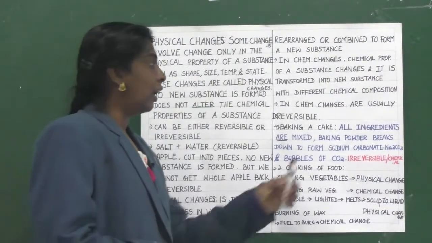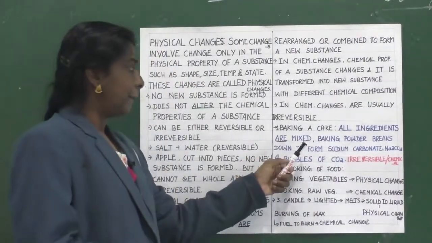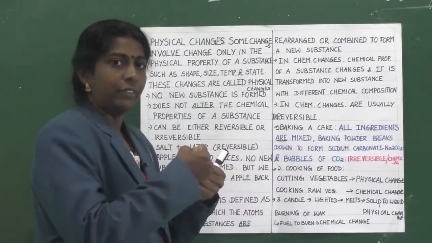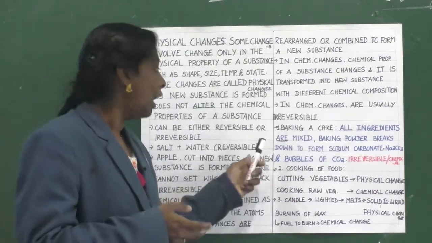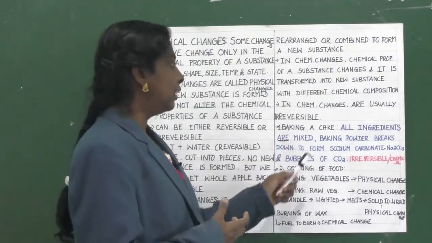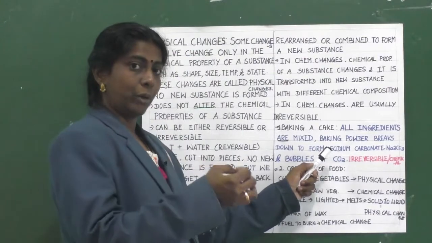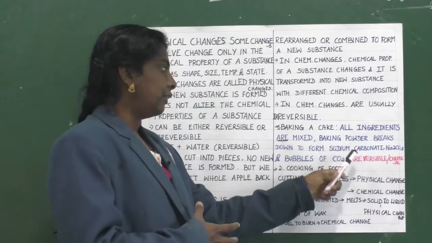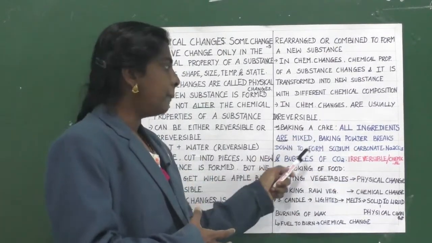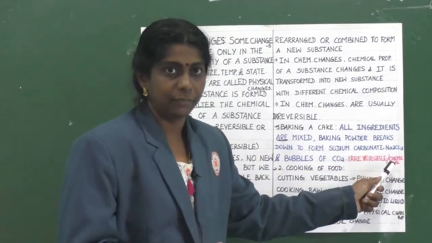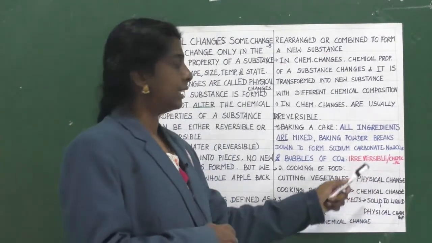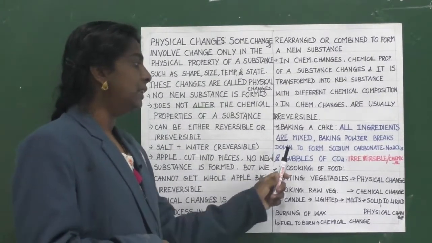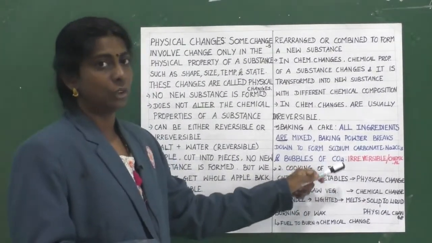Here, all ingredients are mixed, all the flour and other ingredients, and then the baking powder which is present in the ingredients will break down to form sodium carbonate, that is Na2CO3. Clear? And then bubbles of carbon dioxide are also there.